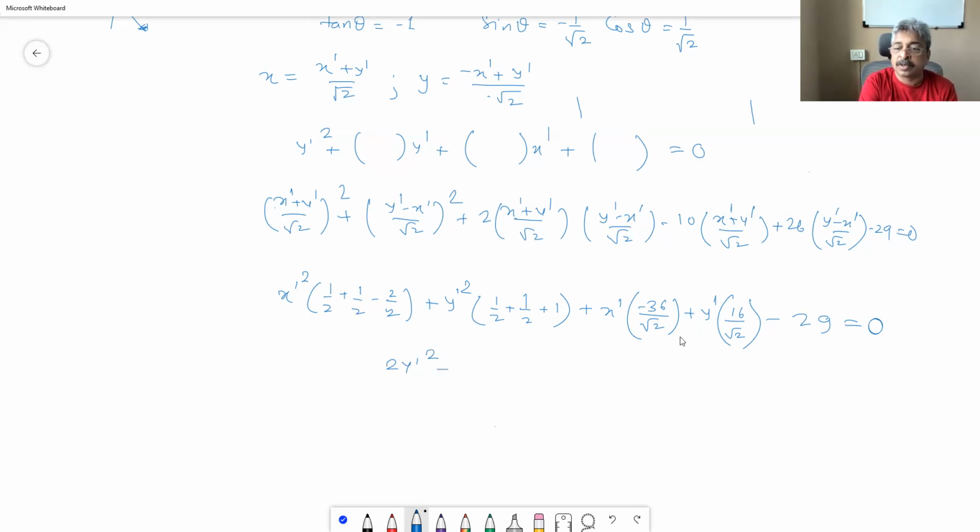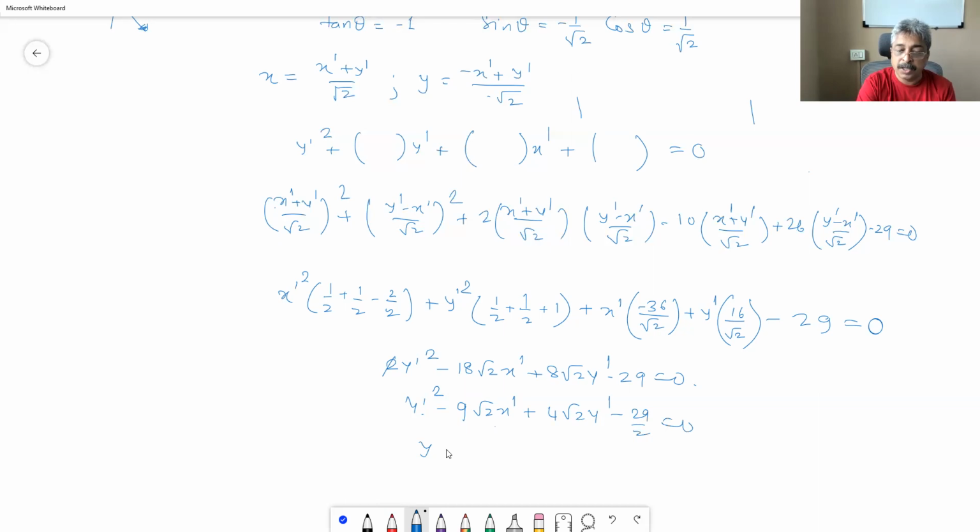Minus, we can absorb this root 2 above, so minus 18 root 2 x dash plus 8 root 2 y dash minus 29 is equal to 0. Right? So we can complete the square now, which is 2. Let us get rid of this 2 also. So y dash square minus 9 root 2 x dash plus 4 root 2 y dash minus 29 upon 2 is equal to 0.